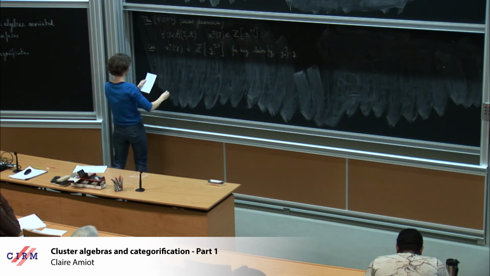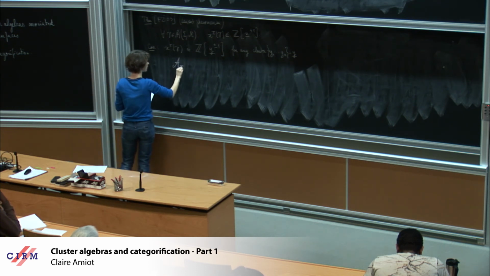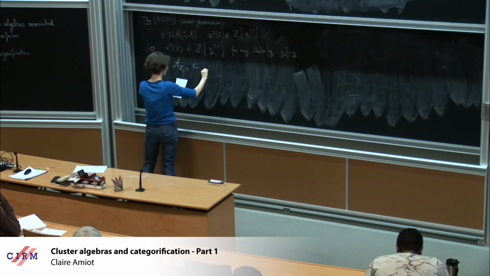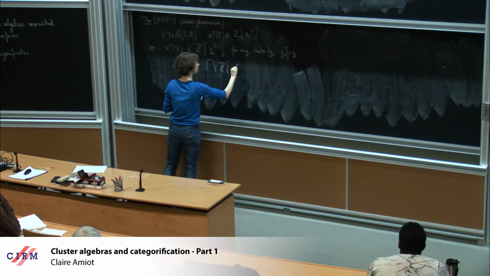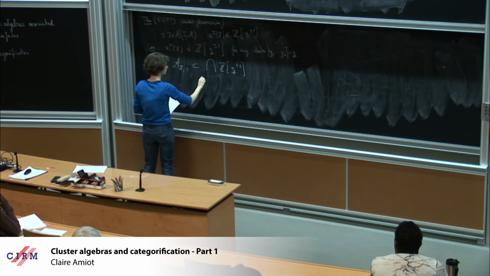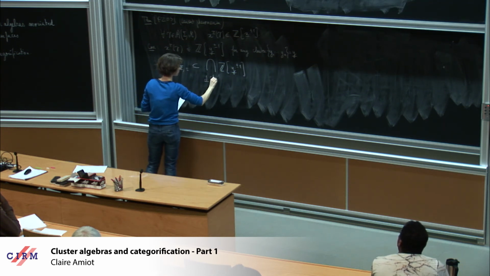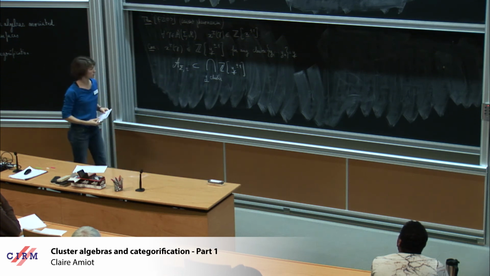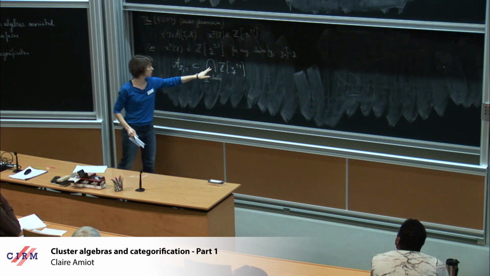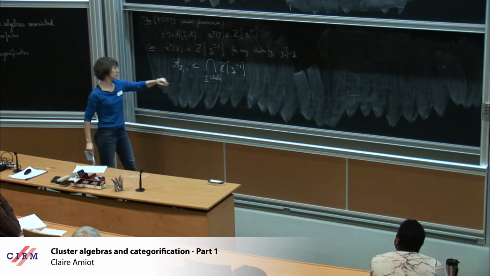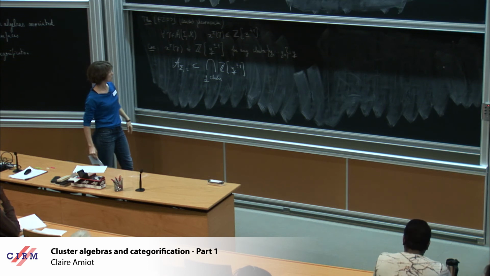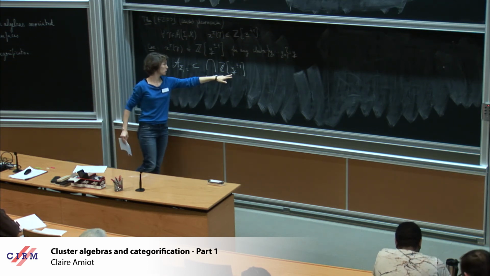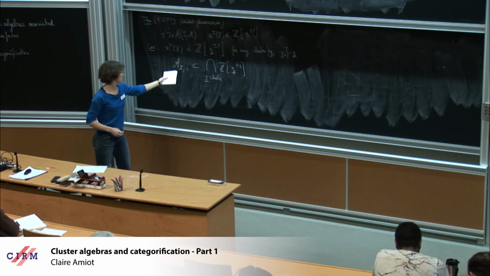So then you get that this algebra is a subset of this intersection. You can take the intersection of everything that can be written as a Laurent polynomial in any cluster, and you have this inclusion.